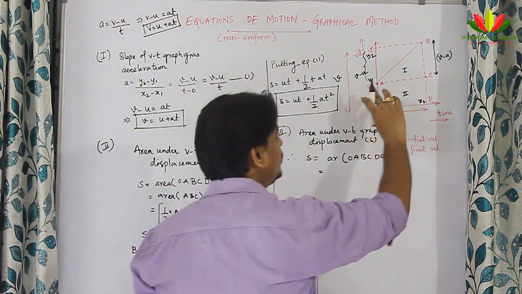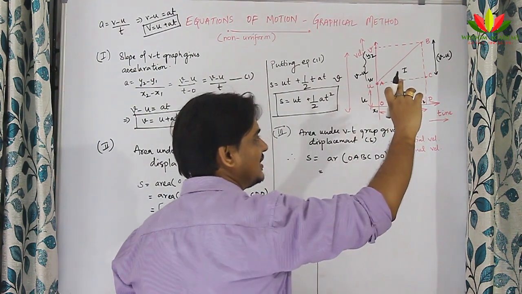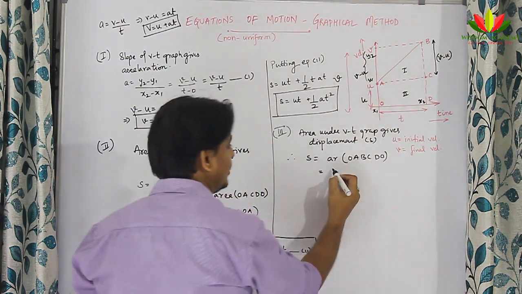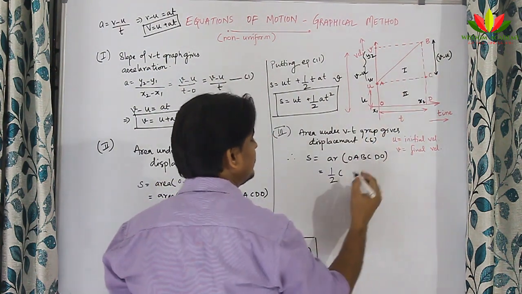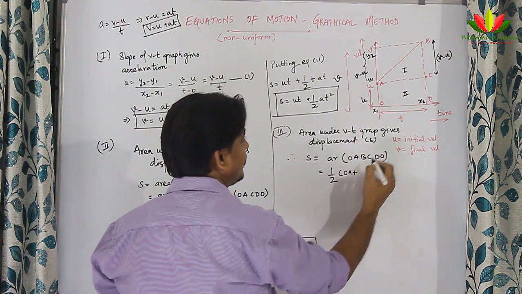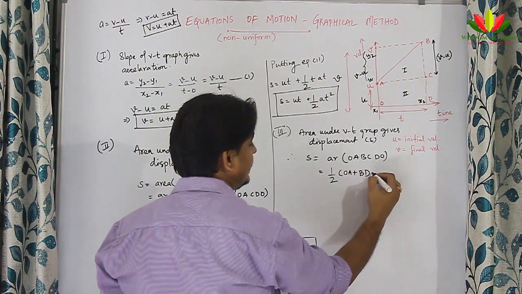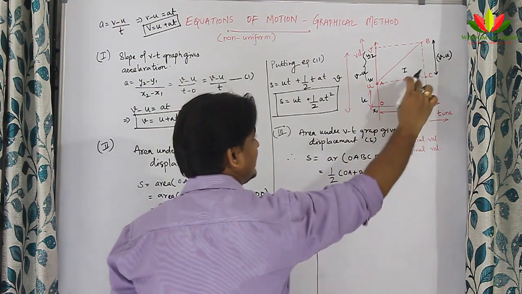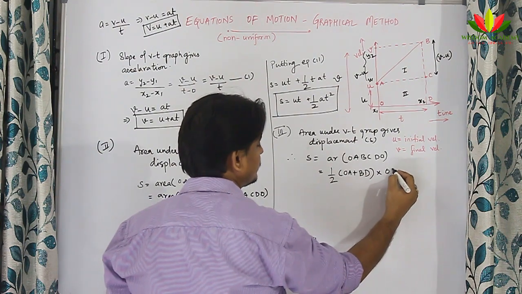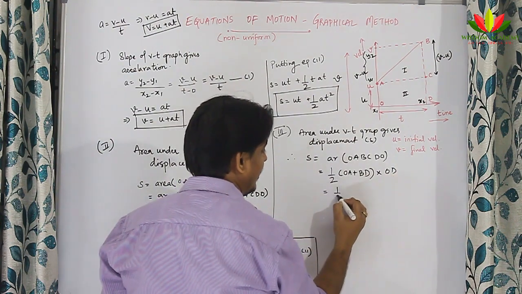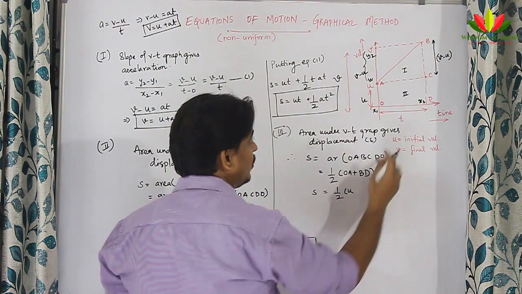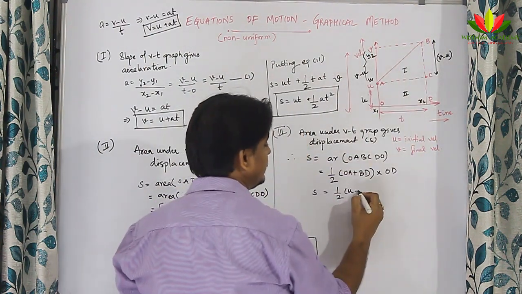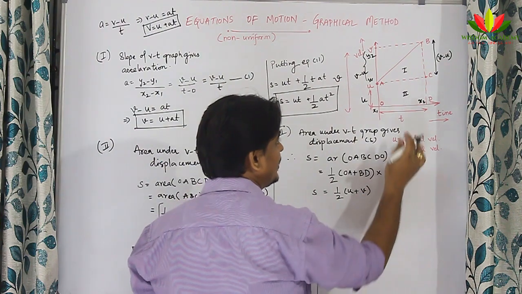Half into the sum of the opposite sides multiplied by the distance between them. So, half into this OA plus BD into, what is this height? OD, right. So, half, what is OA? OA is U. What is BD? It is V. U plus V. What is OD?